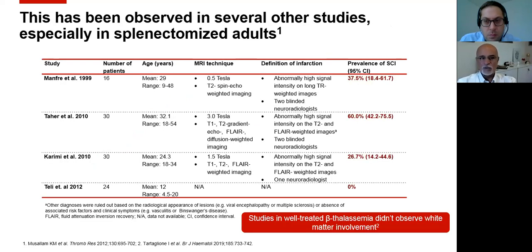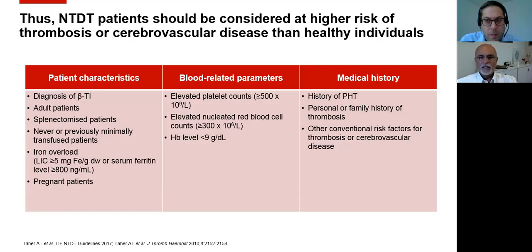So this was our study, and then we looked into the literature. Apparently, Karimi in Iran and two other studies have also shown that there are some white matter problems in this group. However, it was clear that those that were very well treated did not have any of what we called lesions in their brain.